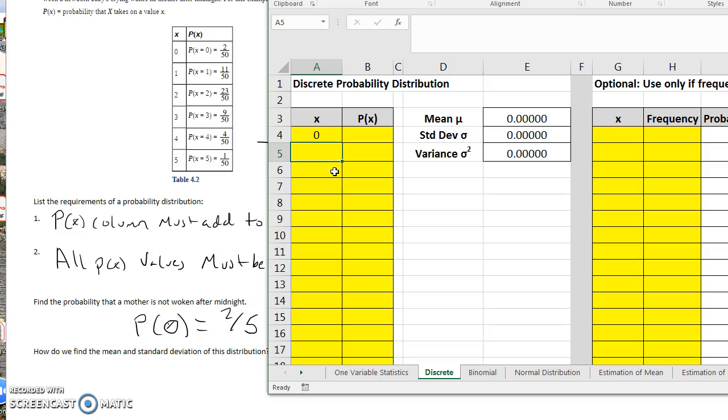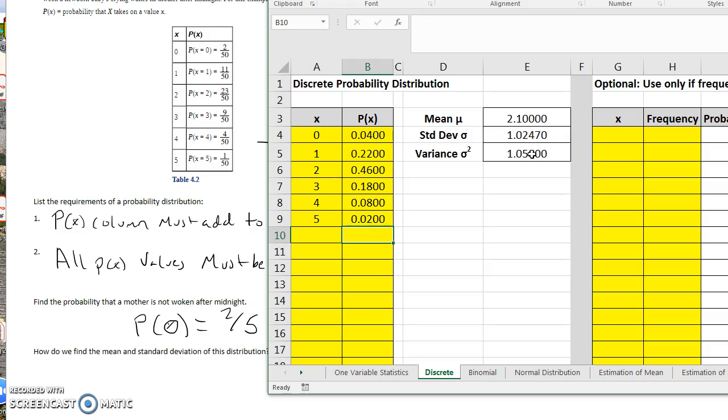So on the left side we have 0, 1, 2, 3, 4, 5. And then for the right side it's going to be 2 divided by 50, and it'll turn it into a decimal. 11 divided by 50. 23 divided by 50. 9 over 50. I just used the slash for divided by. 4 over 50. And finally 1 over 50.